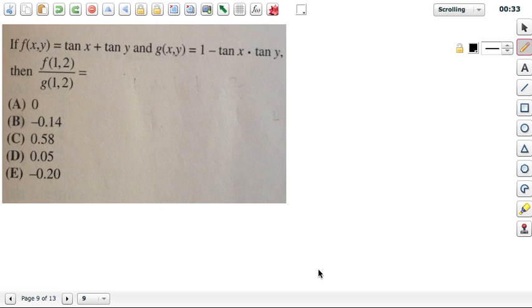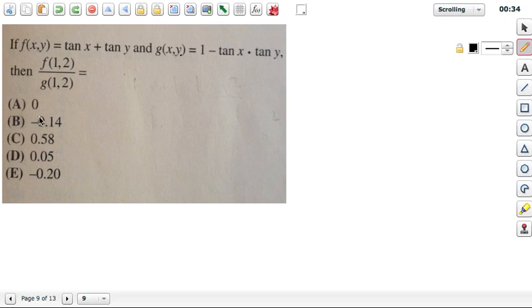Okay, next question. Pause your video and try this. Remembering my advice at the beginning of the video, don't deem any question difficult unless you have evidence for it. So f of x, y is defined by tan x plus tan y, and g of x, y is defined by 1 minus tan x times tan y. So what is f of 1, 2 over g of 1, 2?